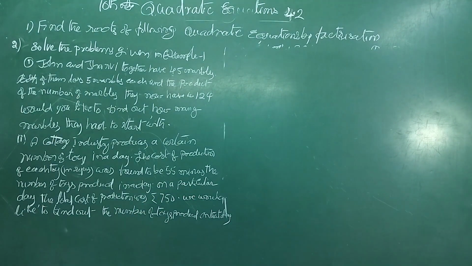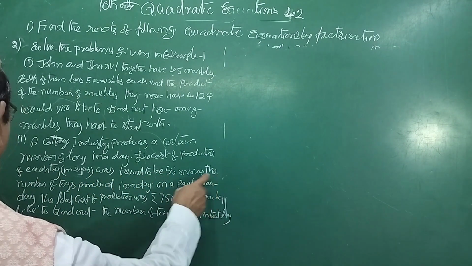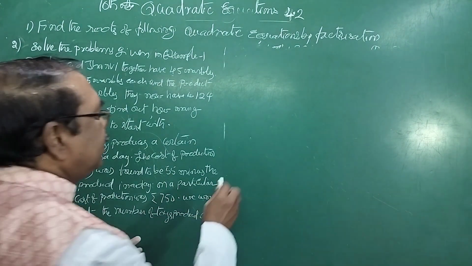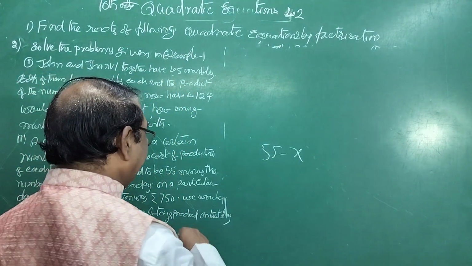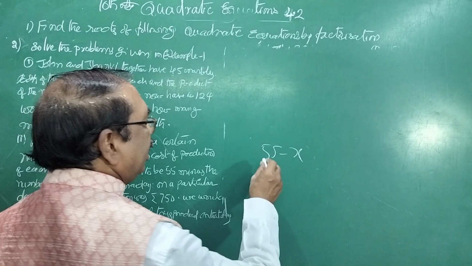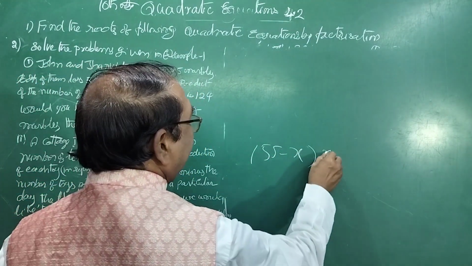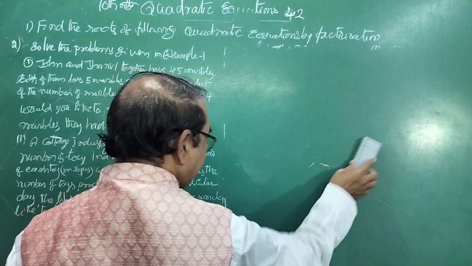The cost of each toy in rupees was found to be 55 minus x. That is the cost of production. But total cost of production means one cost is this, total means number of toys this. If we multiply, we can get the same. Yes, let us do.